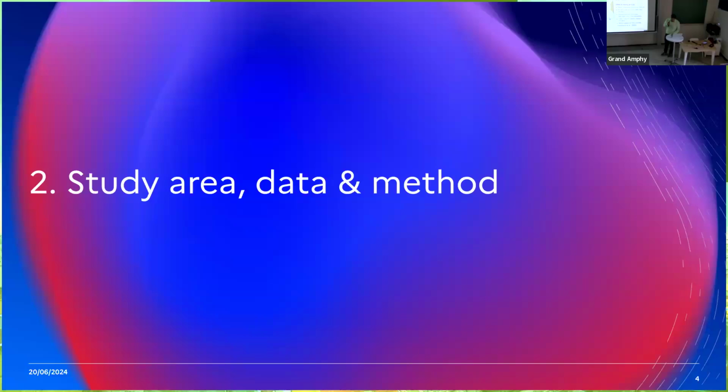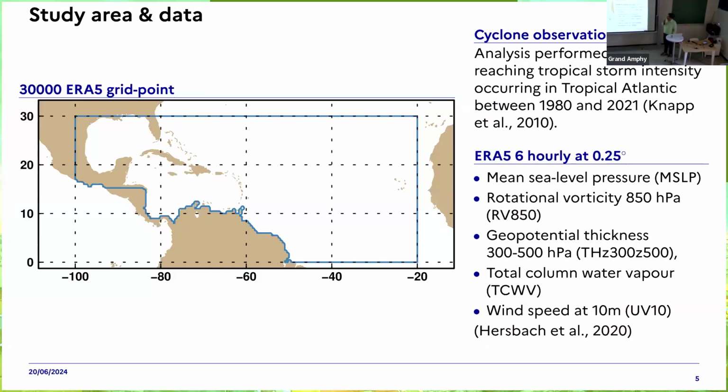First, I started to do the work on the tropical Atlantic. I filtered the observational data from the IBTrACS dataset. I took only the tropical cyclone situations that reached tropical storm intensity.